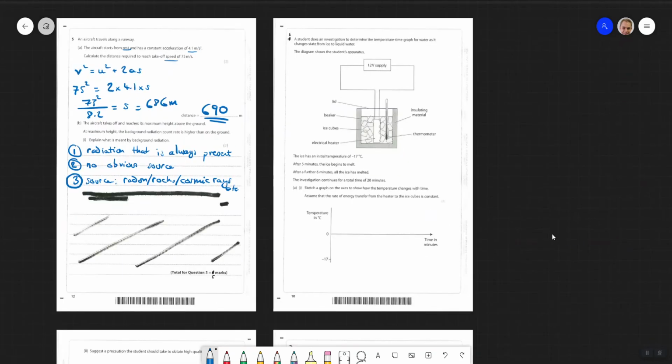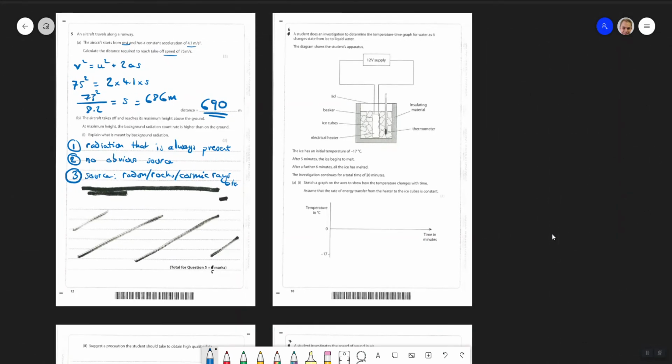Okay, so we've got 3 marks for this one. So let's think about what we're going to do. We have no scale along this axis, and they've given us some times. So they've got a 20-minute time, they've got 6 minutes, and they've got 5 minutes.